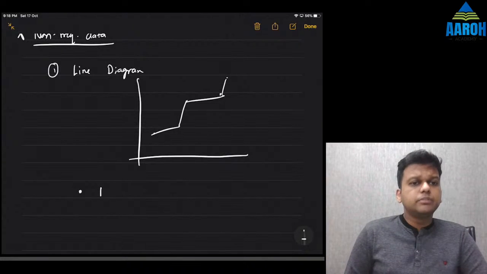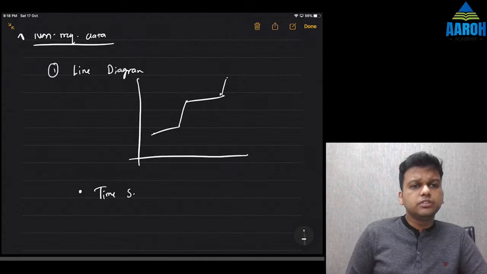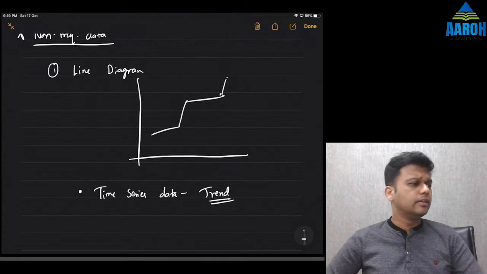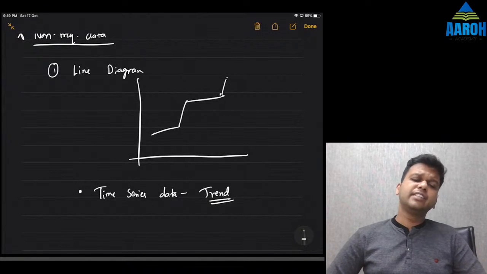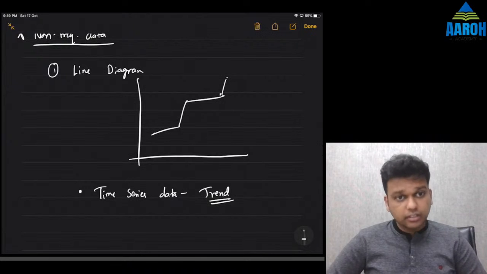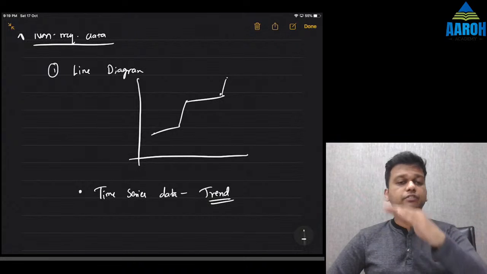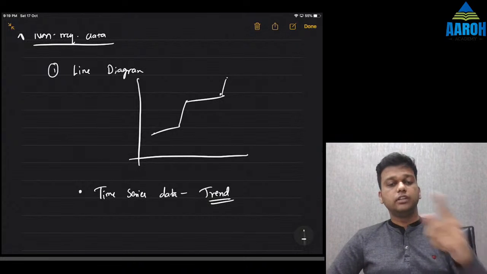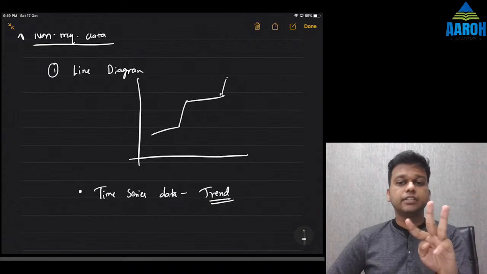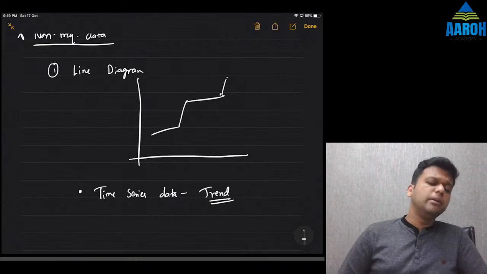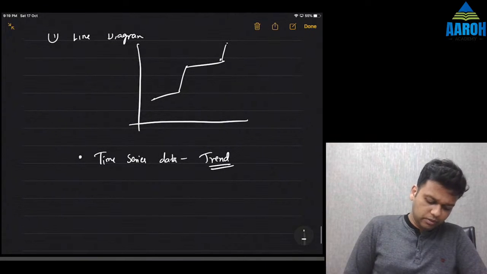That is correct. So time series data is where we use line diagram more because it shows us trend. For geographical series data, this will not make much sense because then in geographical data there is no increase or decrease, right? If we write Maharashtra, Goa, Gujarat, then there is no increase decrease in that. If we change the sequence, that is going to change. So time series data is where this will be more useful.